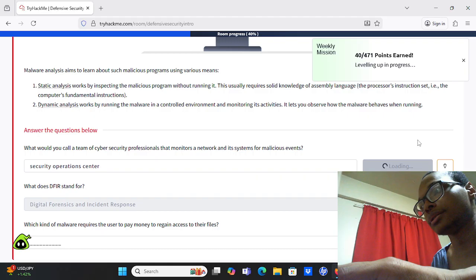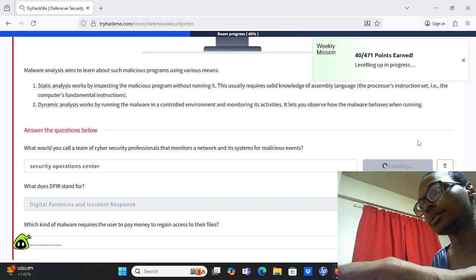It's probably right here in front of my face. It's not that long of a word. Which kind of malware requires users to pay money to regain access to their files?